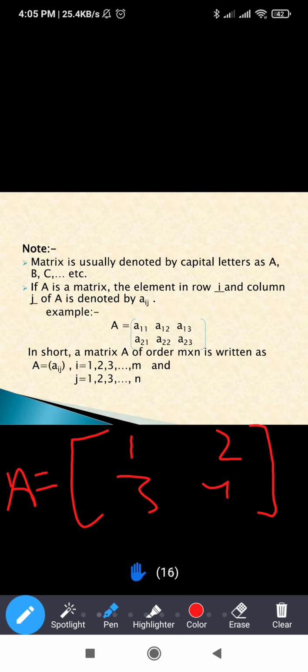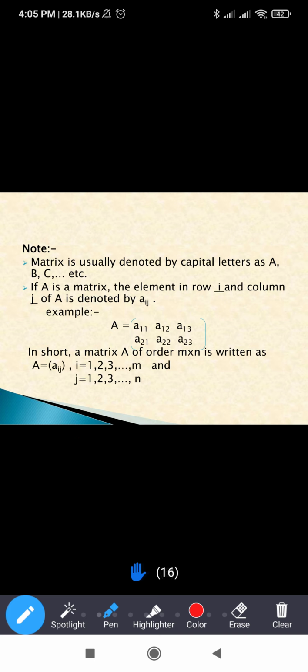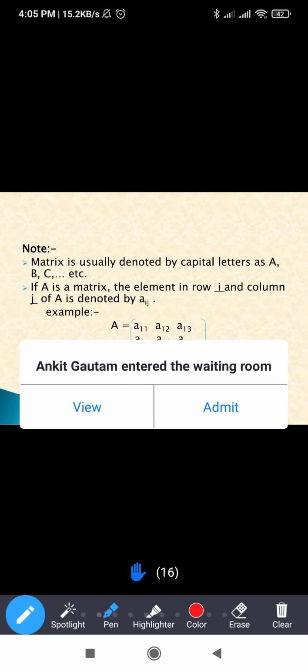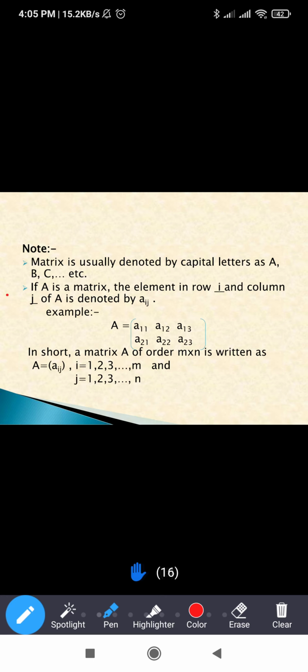Or you may say B equal to or C equal to; any capital alphabet is the notation of matrix. Okay, let's go to the next note.